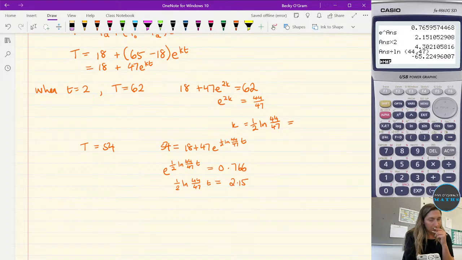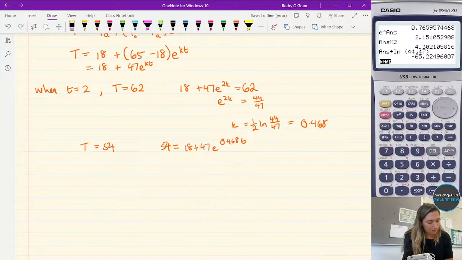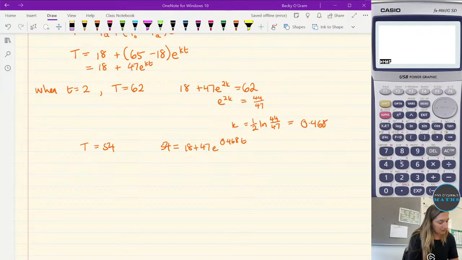Okay, I'm going to write down the answers that I had earlier. So this came to 0.468 of working out what k is. So this was 0.468 times t. So then if we were to do 54 minus 18, I think I'm just going back to this calculator. So 54 minus 18, then divide it by the 47.